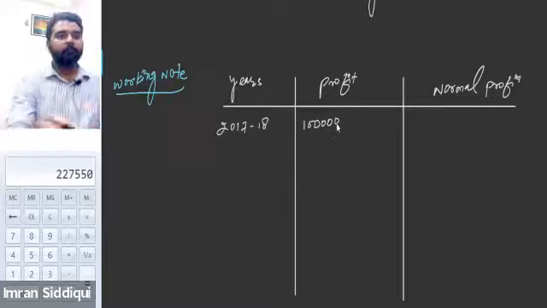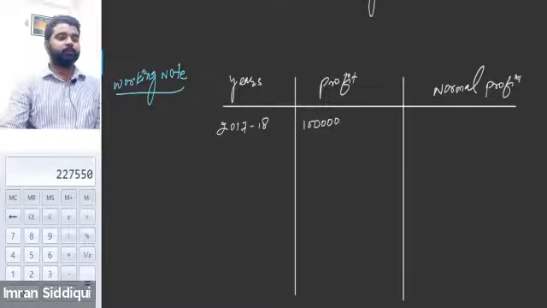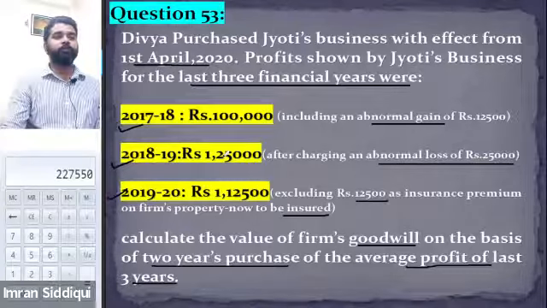Is that correct? This is what the question is telling us. Normal profit for the year 2017-18 was 1 lakh. Is that right? Everybody is clear about this point?